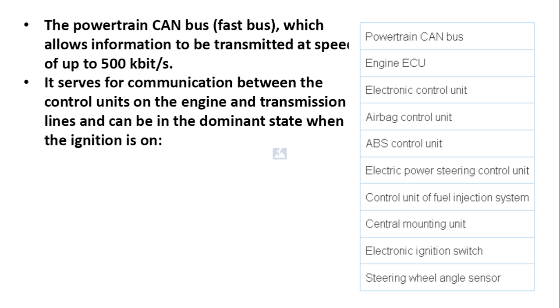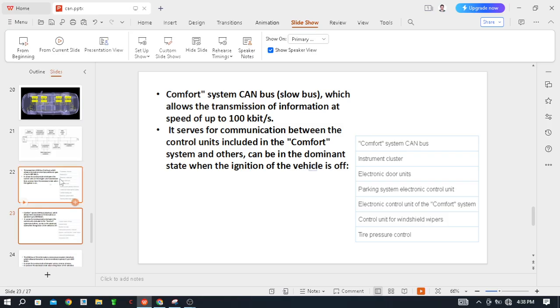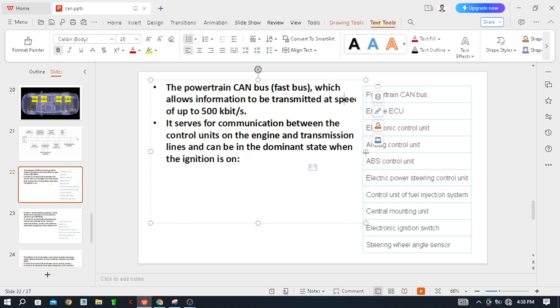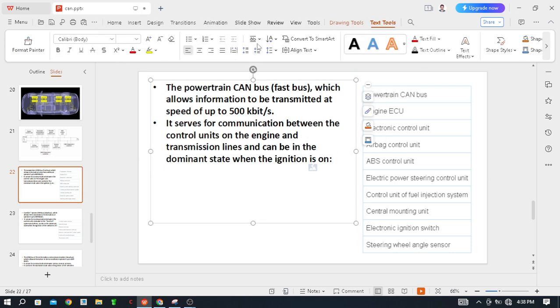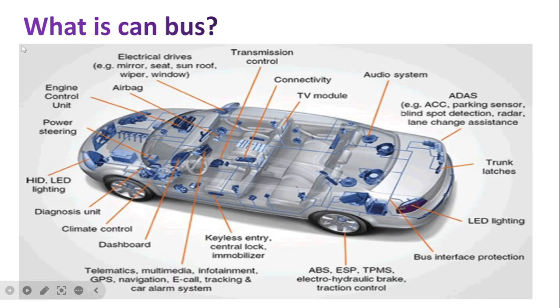In the next window we'll see the powertrain CAN bus, the fast bus, which allows information to be transmitted at high speed.